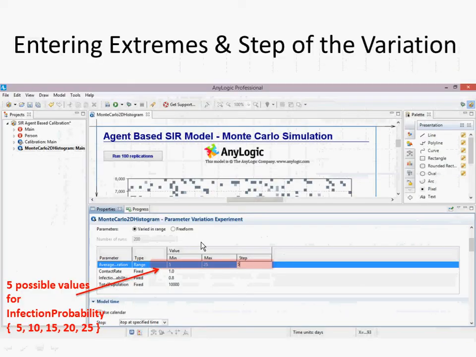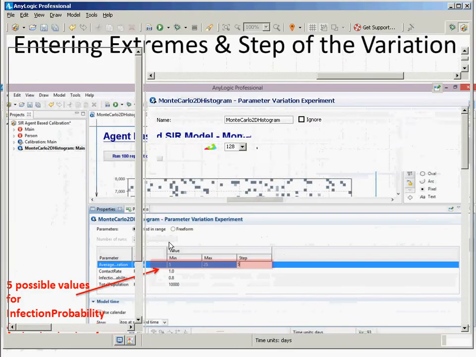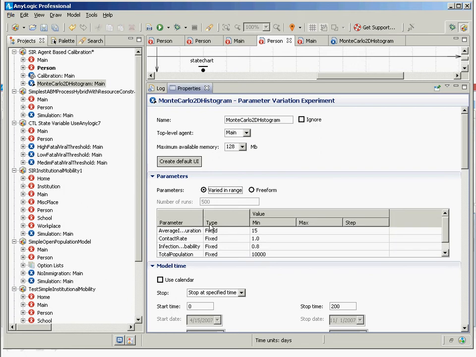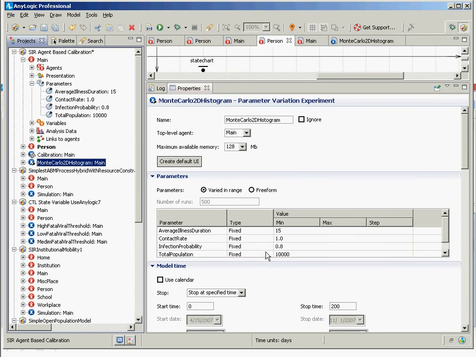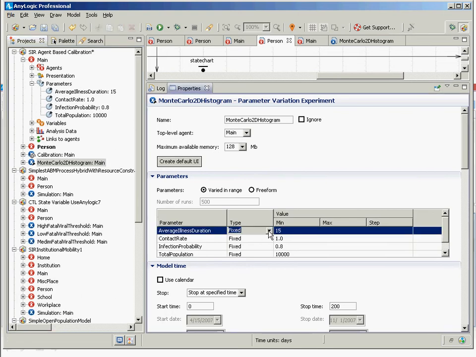Okay, so here we have several different parameters: average illness duration, contact rate, infection probability, total population. Why are they listed here? Because they are parameters in main, specifically. So if we go up here and list parameters, these are the parameters in main. We can, for example, examine average illness duration, and I'd like to vary it from 5 to 25, step 5.